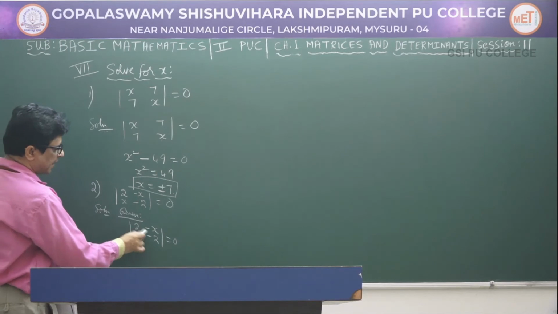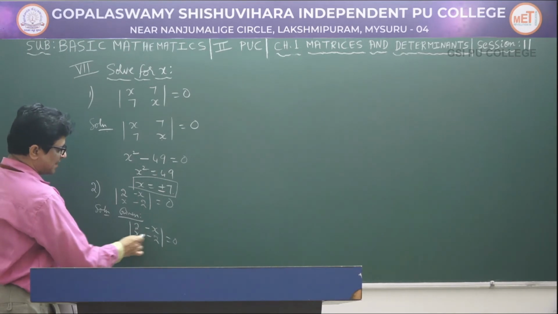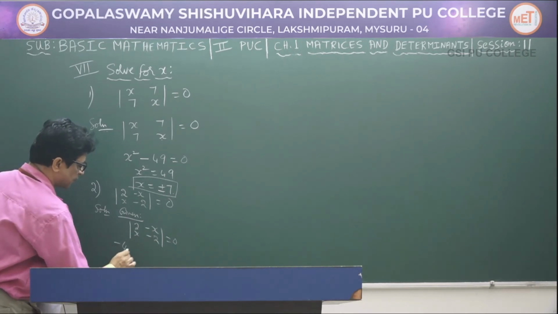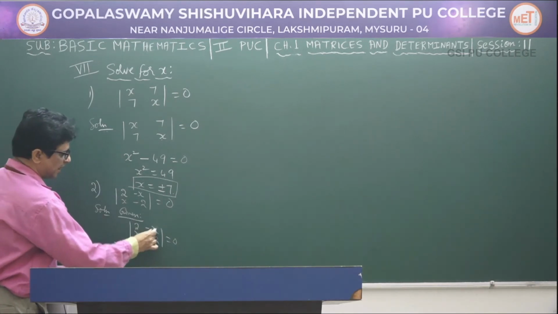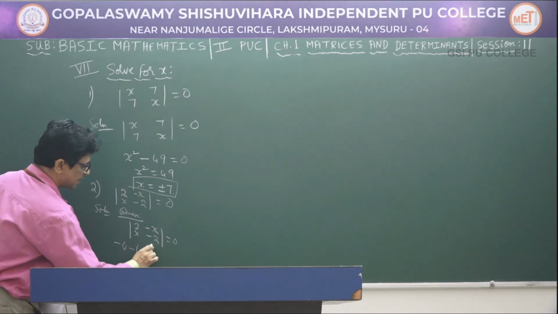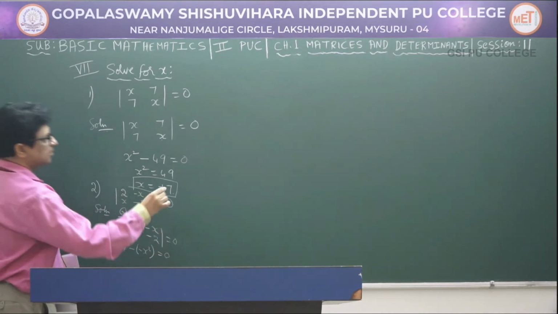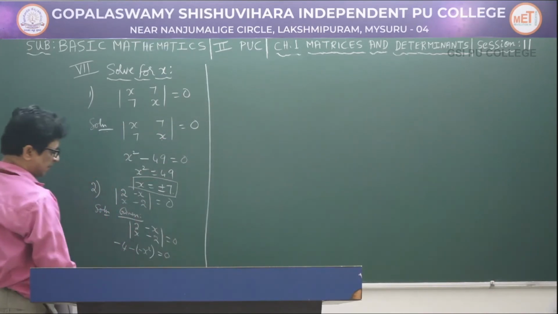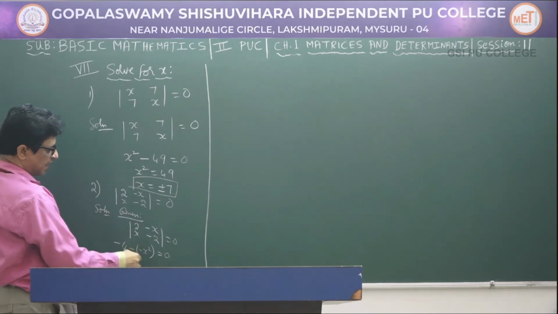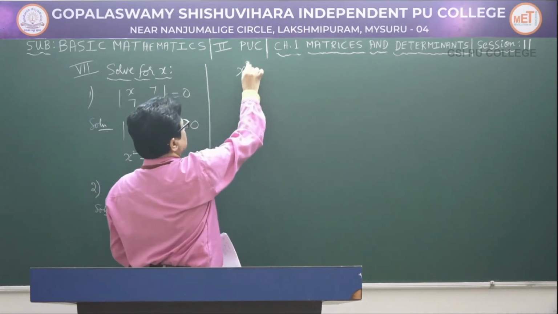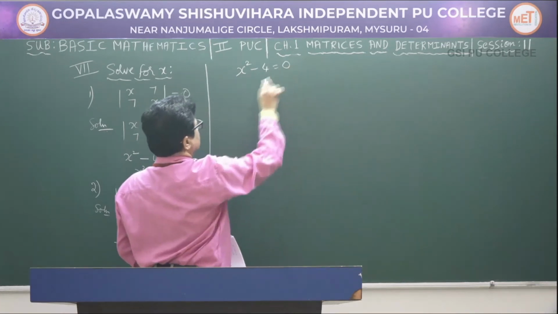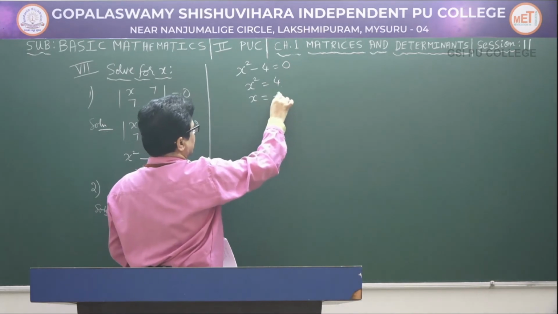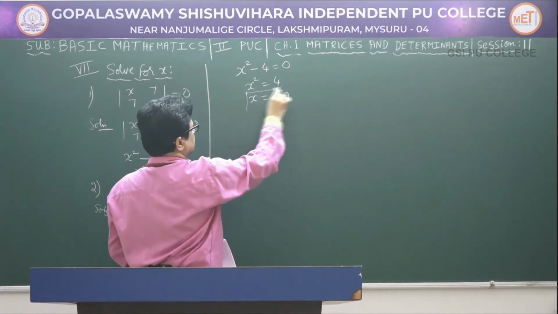So that is the product of the principal diagonal minus the product of the other diagonal. 2 into minus 2 is minus 4, minus x into minus x is minus x square, that will be equal to 0. Minus into minus is plus. So x square minus 4 will be equal to 0.